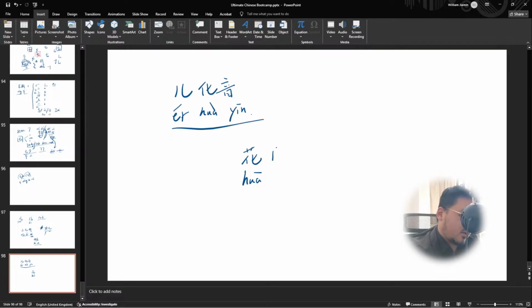So you can say 花儿. You can even make this together: 花儿们睡醒了, 花儿草儿, 等等.